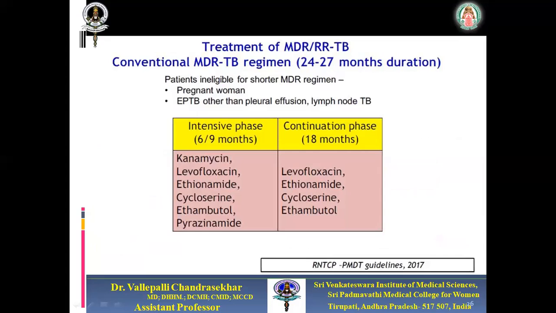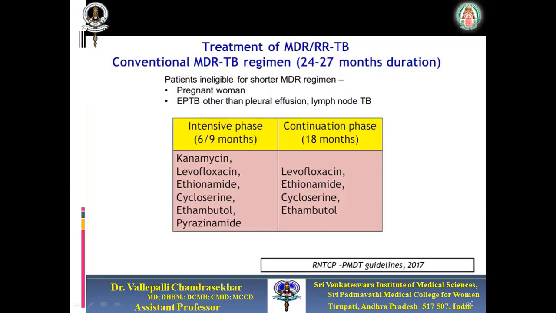Coming to the two phases, the intensive phase lasts for 6 to 9 months. The drugs we are giving are kanamycin, levofloxacin, ethionamide, cycloserine, ethambutol, and pyrazinamide. Then in the continuation phase, which lasts for 18 months, we are giving levofloxacin, ethionamide, cycloserine, and ethambutol.